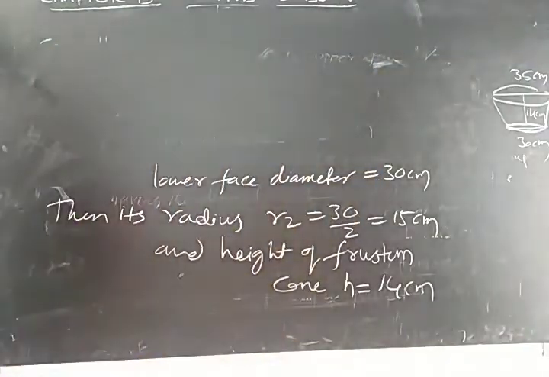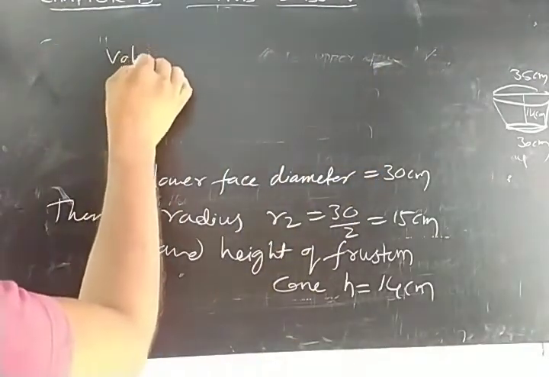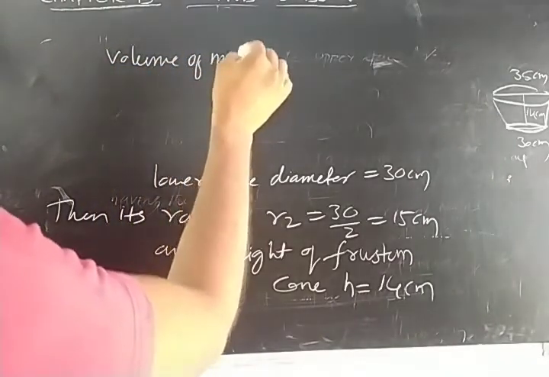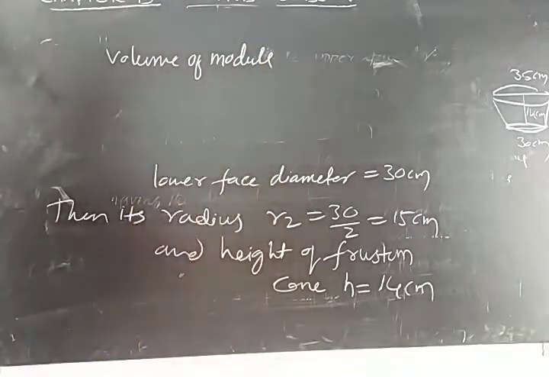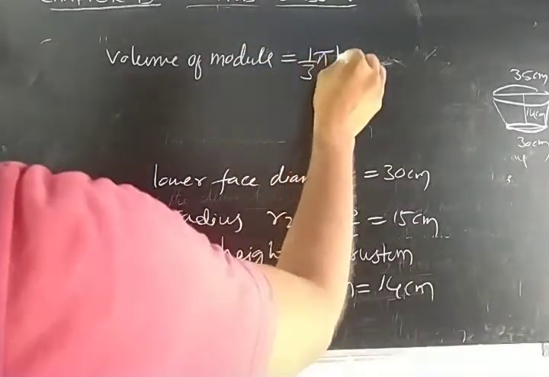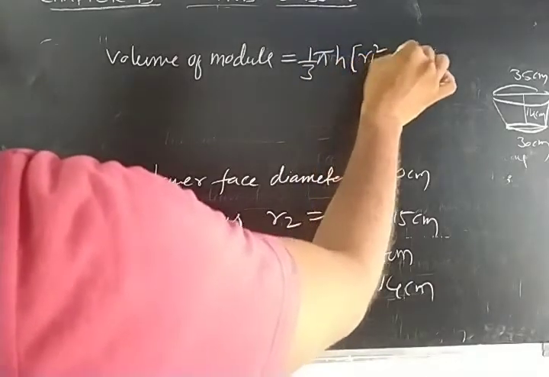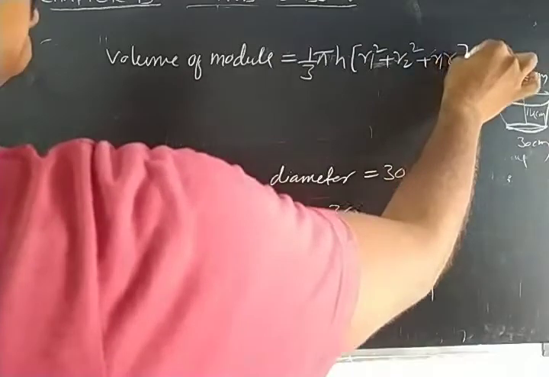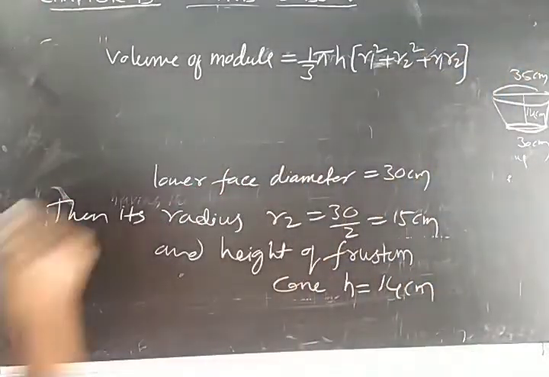Volume of the frustum cone, or volume of the mold, is equal to 1 by 3 pi h times r1 square plus r2 square plus r1 r2, which is the formula to find the volume of a frustum cone.